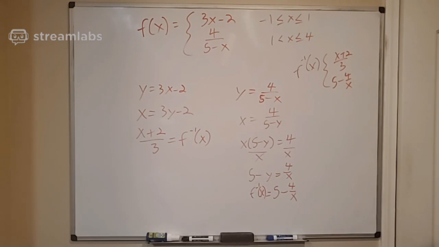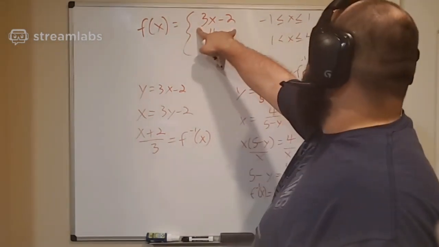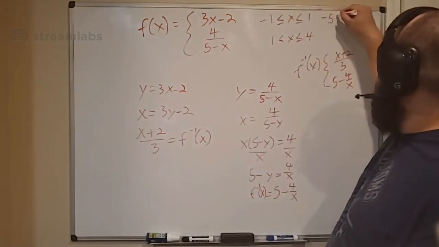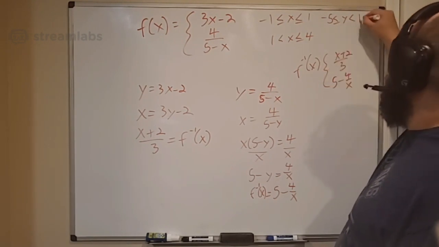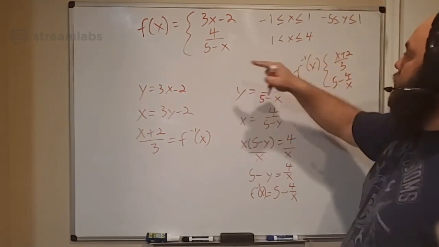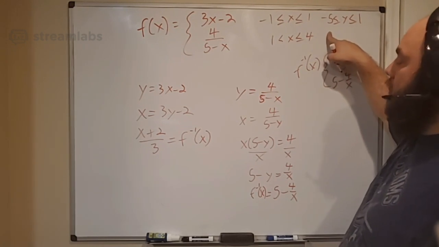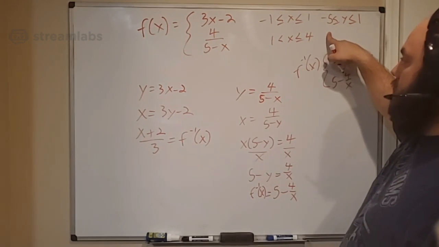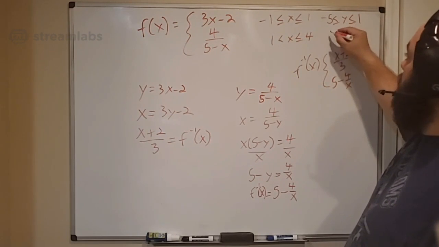So you plug in your endpoints to your original. So in this case, we're going to plug in negative 1. So it's negative 5 is less than or equal to y is less than or equal to 1. And then when I plug them into this one, if I plug in 1, I get 4/5. Or no, if I plug in 1, I get 1. Going crazy. And if I plug in 4, I get 4.